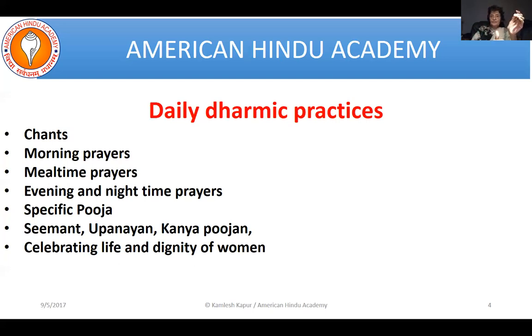Now you have a different responsibility. So, celebrating life, celebrating dignity of a girl child, celebrating dignity of a woman, it is part of the daily dharmic practices. It is not making a statement or giving a lecture on that or making a theory out of that. It is done in a practical way through the chants and through the ceremonies and specific pujas.